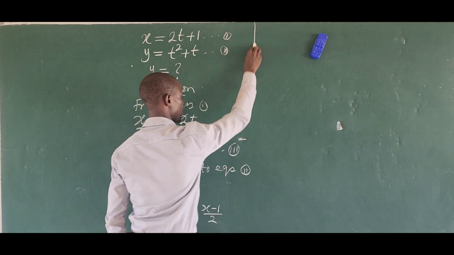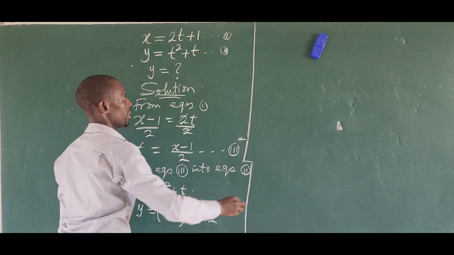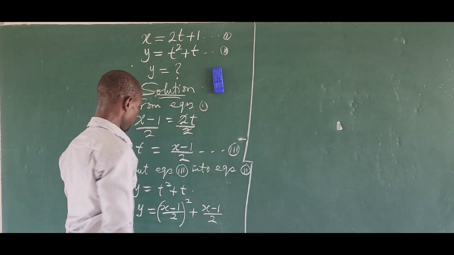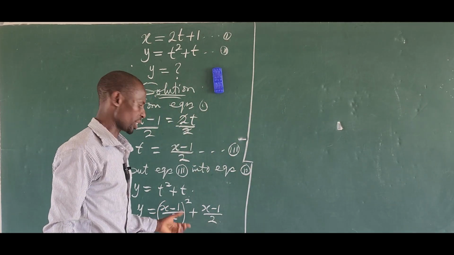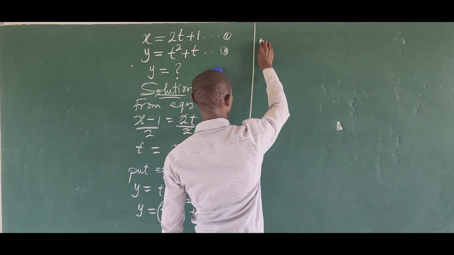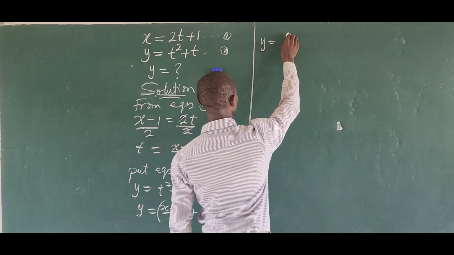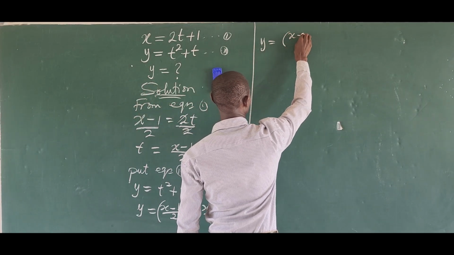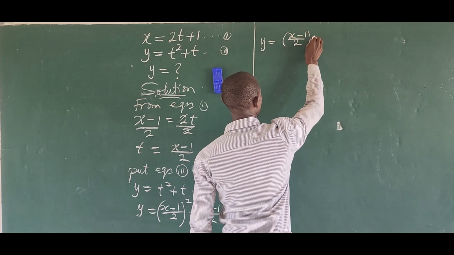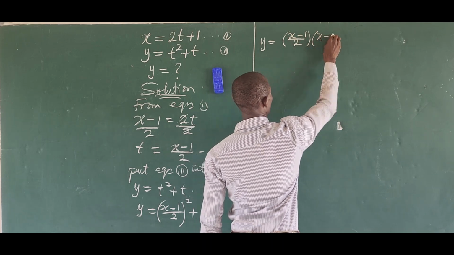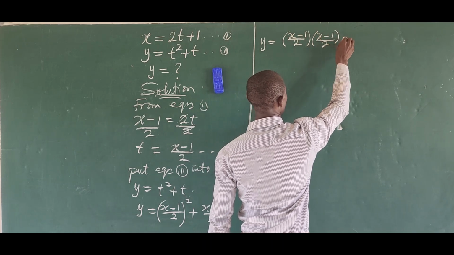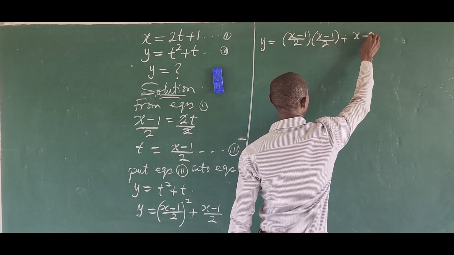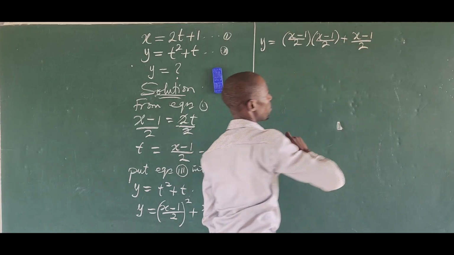All right, so let's continue on this side. Let's look carefully here. We just have to open this. Opening this will give us y equal to bracket x minus 1 all over 2 times x minus 1 all over 2, plus x minus 1 all over 2. Easy.